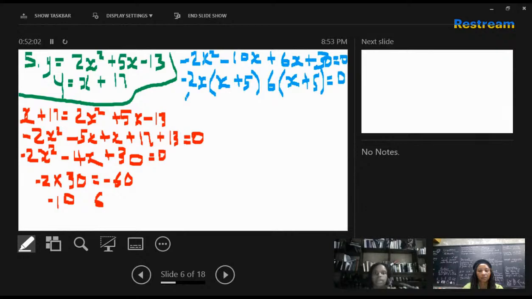So in one bracket we have negative 2x plus 6, and in the other x plus 5, and they're both equal to 0. To find both of our x values, for the first one we say negative 2x plus 6 equals 0.